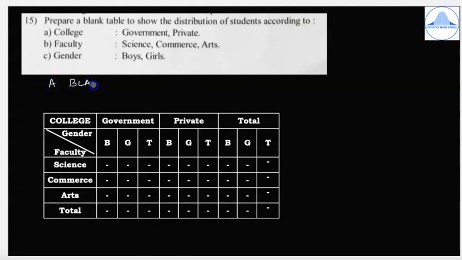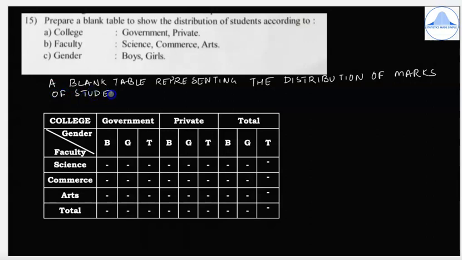A blank table representing the distribution of marks of students, and if you want, you can also include according to college, faculty, and gender.